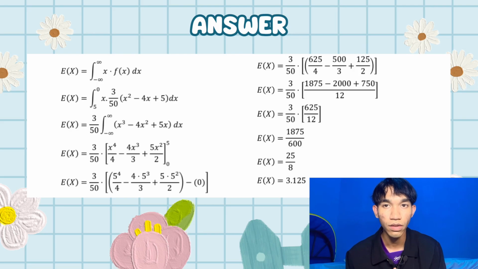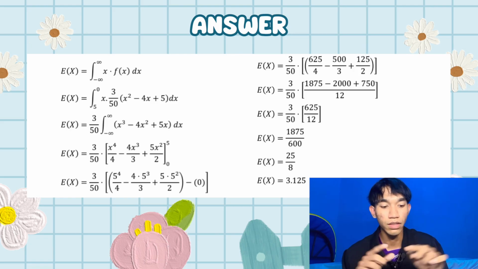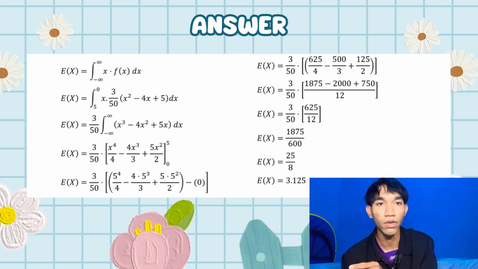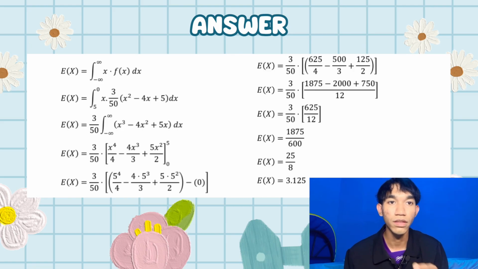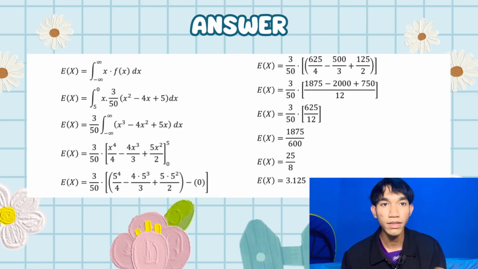And then we integrate and solve in the bracket, substitute the value of x equal to 5 and x equal to 0, subtract them, and then we will get 25/8, which is 3.125.